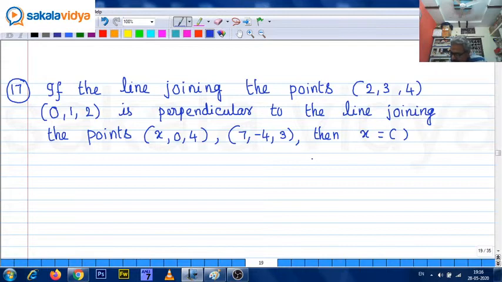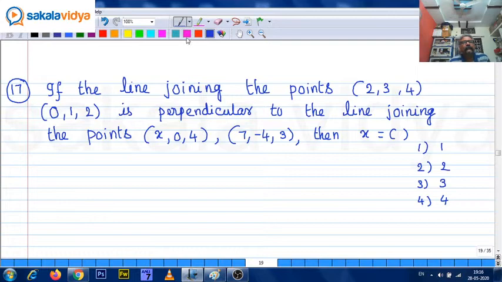First option 1, second option 2, third option 3, fourth option 4.